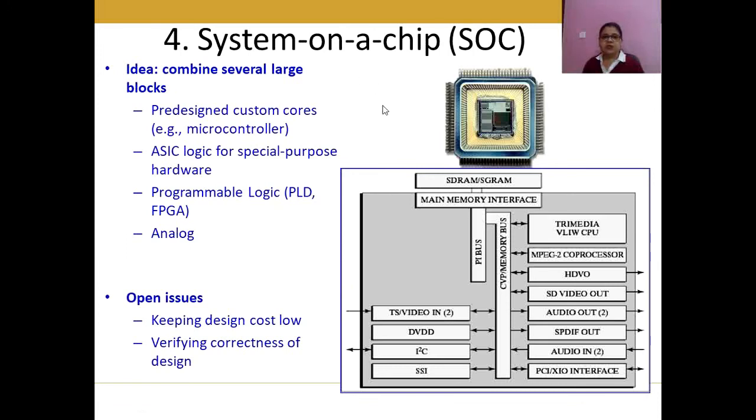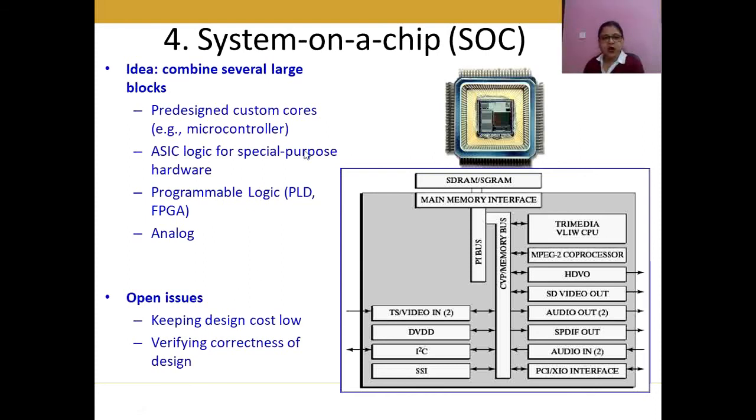Now next comes the system on a chip, which is known as a SoC. This is a great revolution, because the idea of a system on chip is to combine several large blocks into one chip, like pre-designed custom cores, ASIC logics, programmable logics, analog circuits.